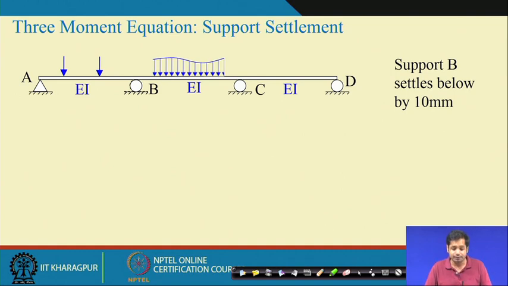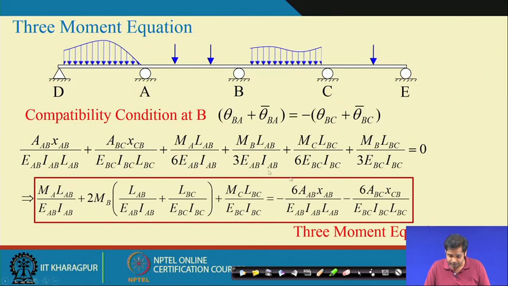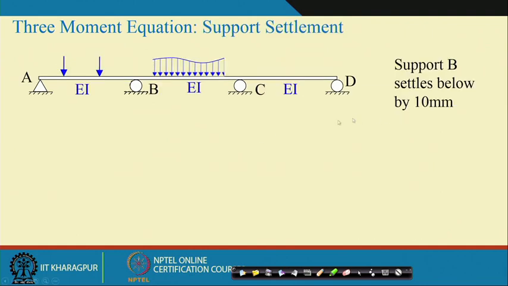But in any case, if there is a settlement of the support, then that settlement will cause moment in the structure. So, the 3 moment equation allows you to consider settlement of the support. The same equation that we derived here, we can extend and modify in order to account for that support settlement.